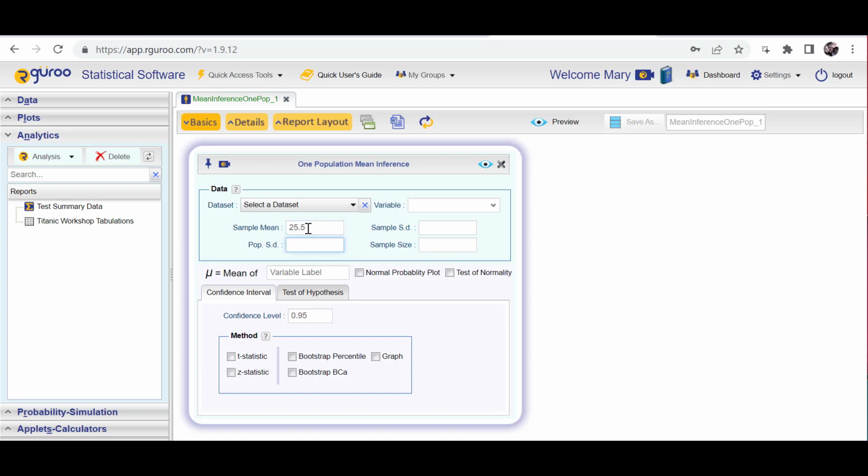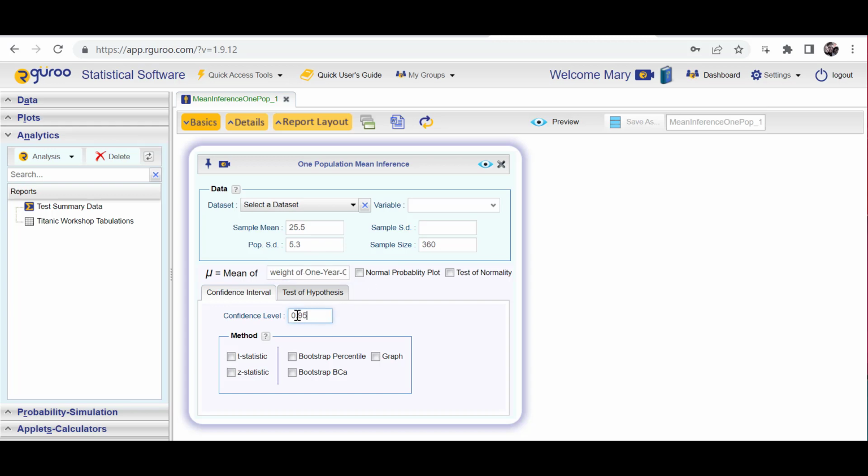And we knew the population standard deviation is 5.3, and the sample size was 360. And we left sample standard deviation blank. This was the mean of the weight of one-year-old baby boys.